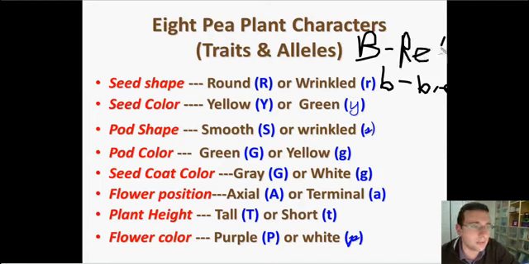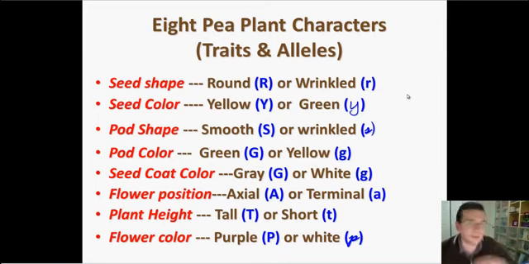What I'm trying to show you with that example is that the letter used for the code has nothing to do with which trait is dominant. You tell which one is dominant by which one is capital. The letter that's used depends on which trait was discovered first. All right, so I hope that's clear.